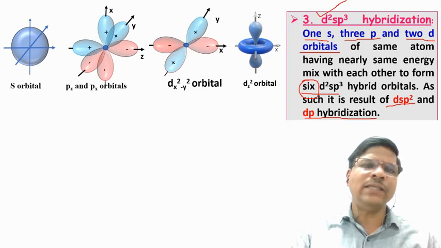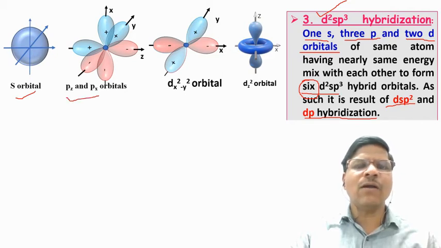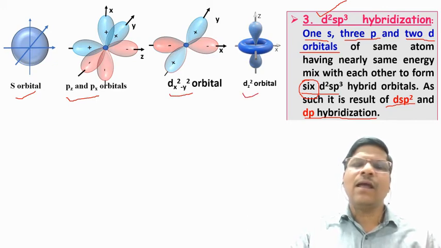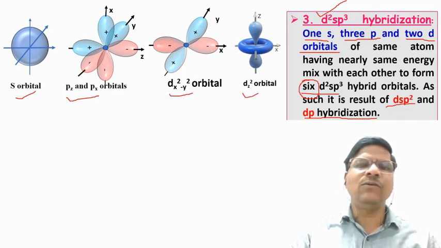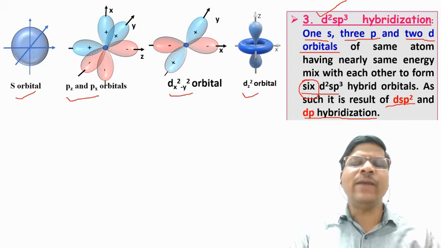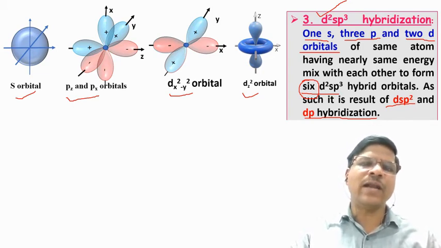Okay, so you can see here we have this s atomic orbital, 3 p atomic orbitals, 2 d atomic orbitals, dx square minus y square and dz square. Again you can see these d orbitals, dx square minus y square and dz square, have suitable geometry to take part in the d2sp3 hybridization.